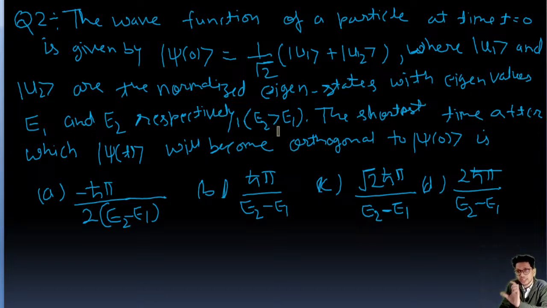The shortest time after which the wave function psi t will become orthogonal to psi 0 is. So we need to find out the time when psi t will become orthogonal to psi 0, that's what we need to find out.